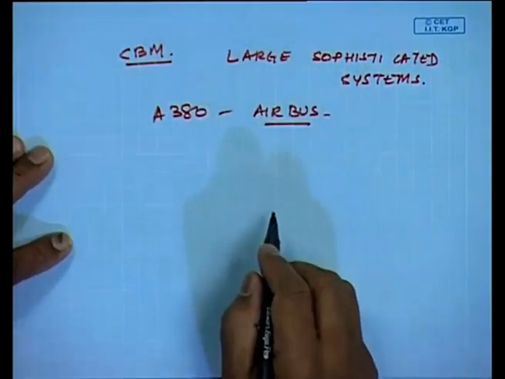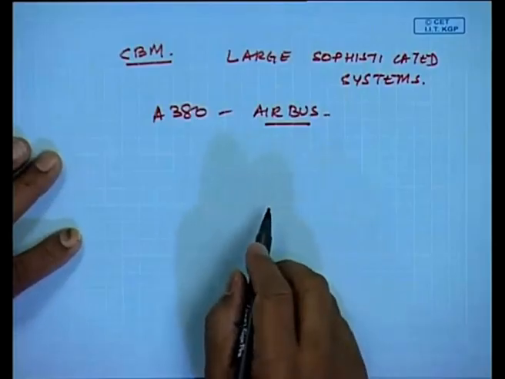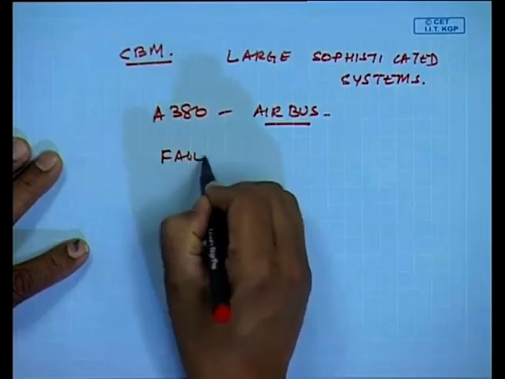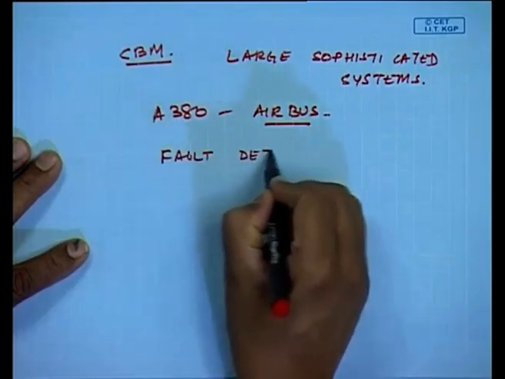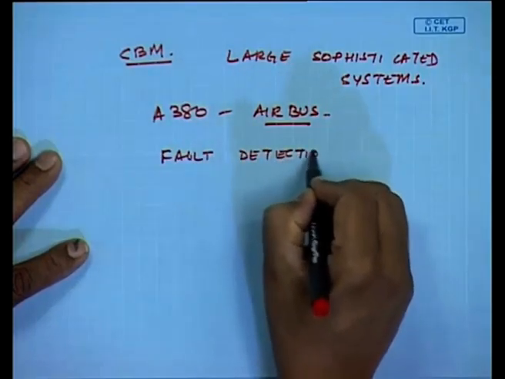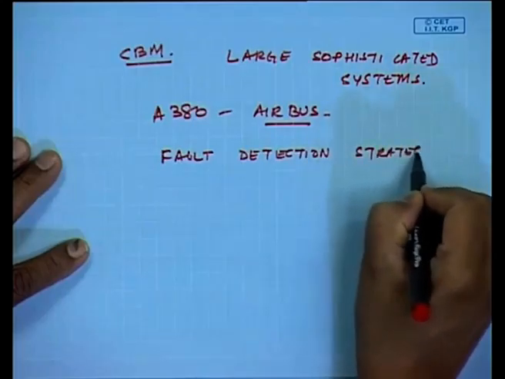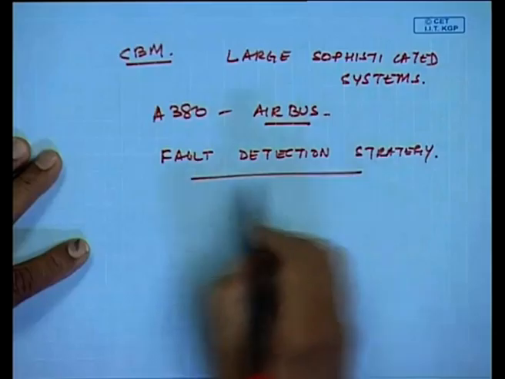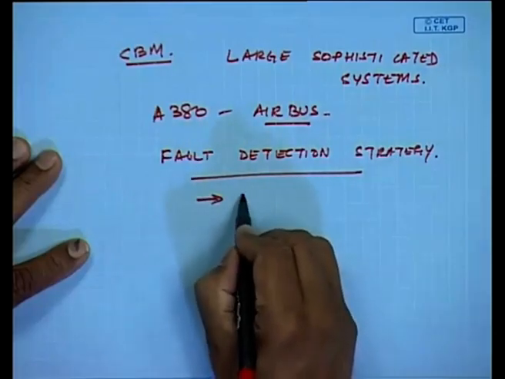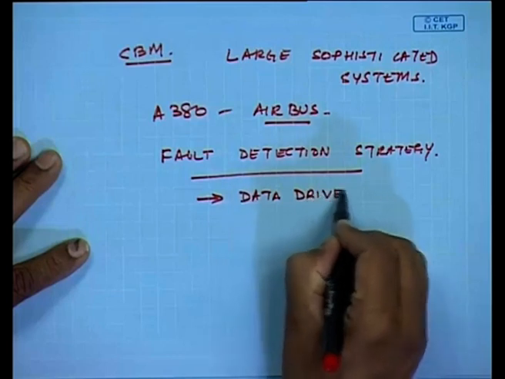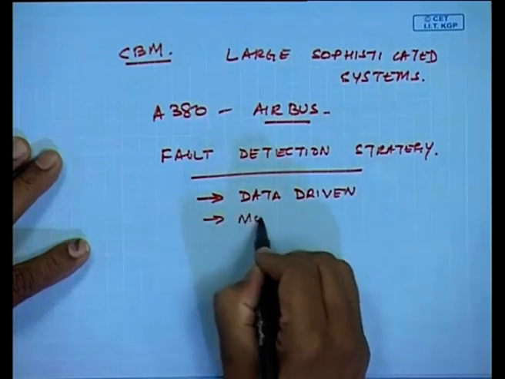There are many systems, it is a very complex system. And what kind of fault detection strategy is to be used? So this could be a combination of data driven and also model based.